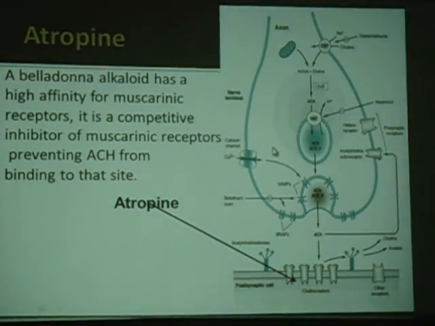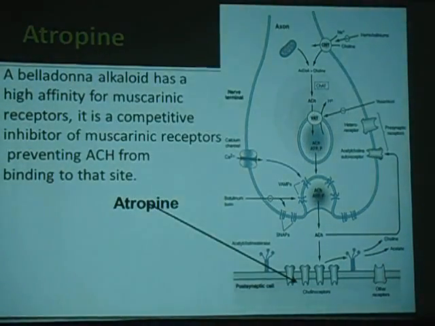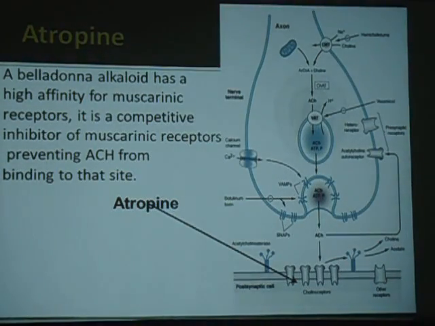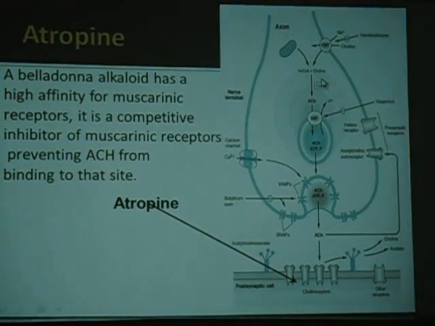Here, we need to remember some drugs which can inhibit the acetylcholine release. Okay, there are 3 drugs. Can you remember them? The first drug is hemicholinium. Okay, it blocks the incorporation of choline into the acetylcholine formation.